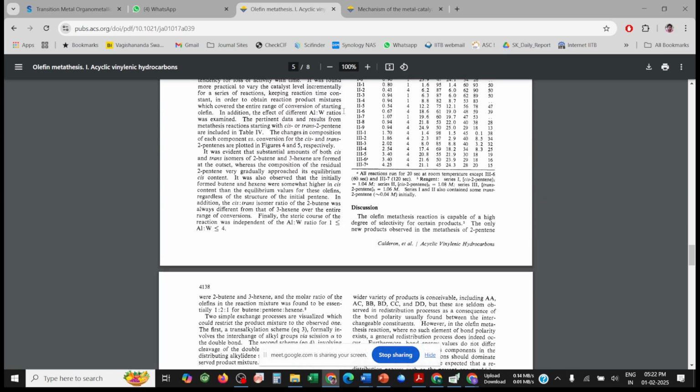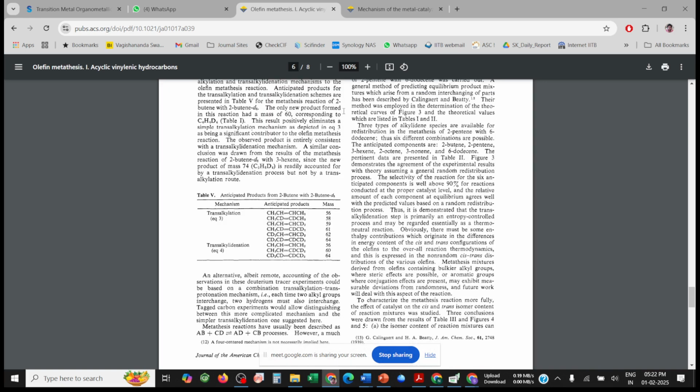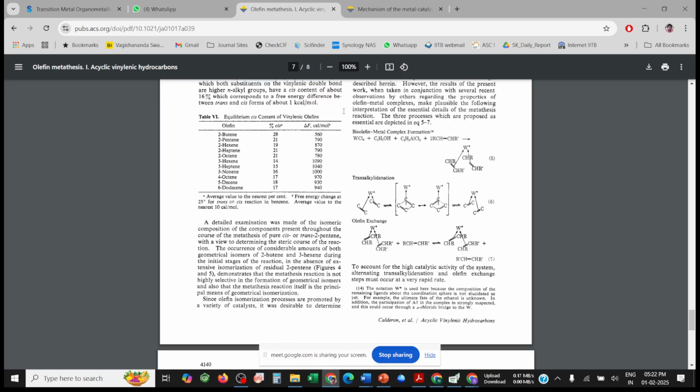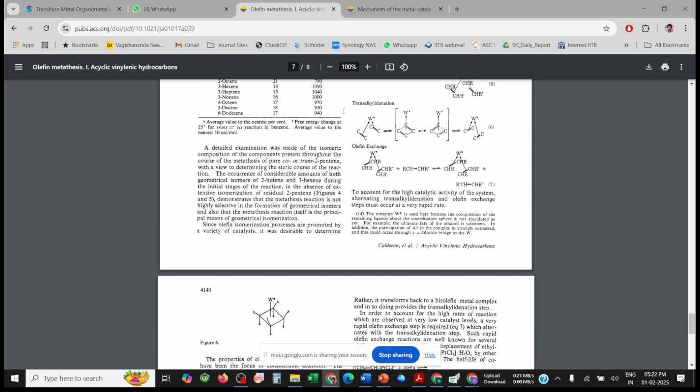He discussed this intermediate and tried to prove it. But unfortunately, this mechanism was proved wrong by other experiments.